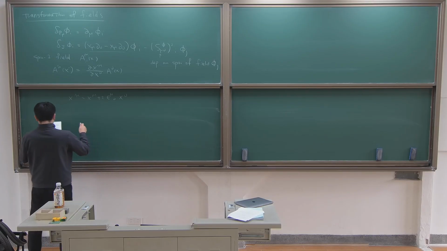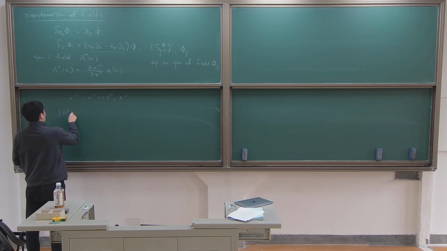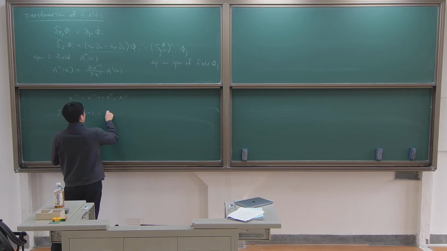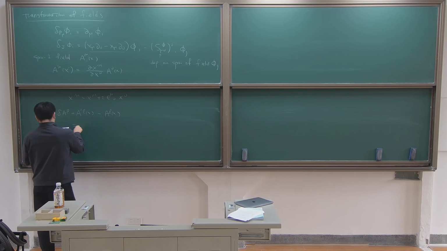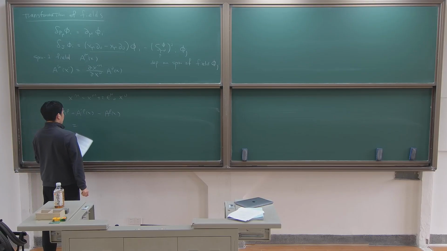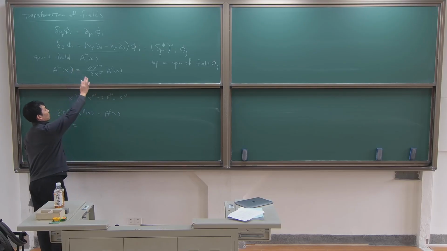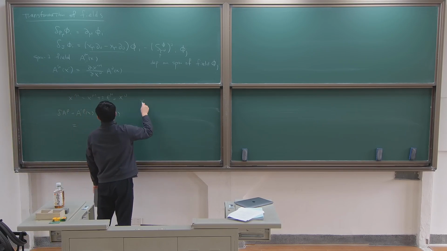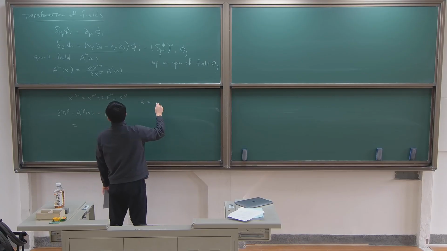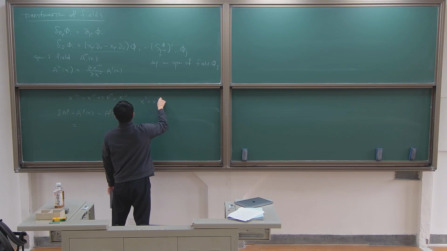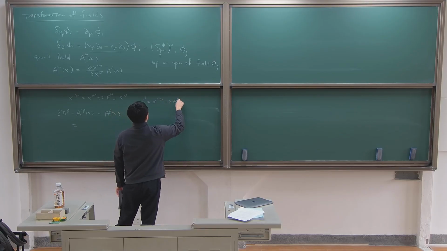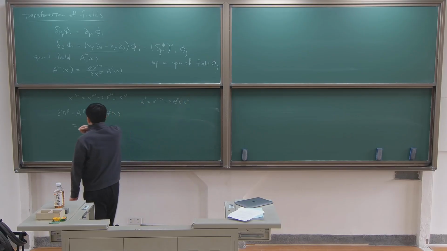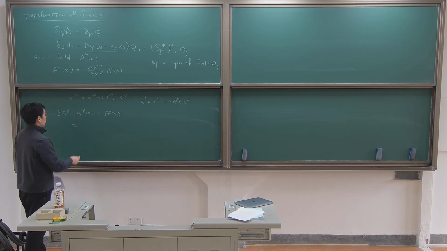Then we look at the transformation rule of this field, A prime rho of x prime minus A rho of x. First of all, this is x prime, so you have to transform x prime back to x. So x equals x prime minus epsilon mu nu x nu. Therefore you have to do a Taylor expansion.